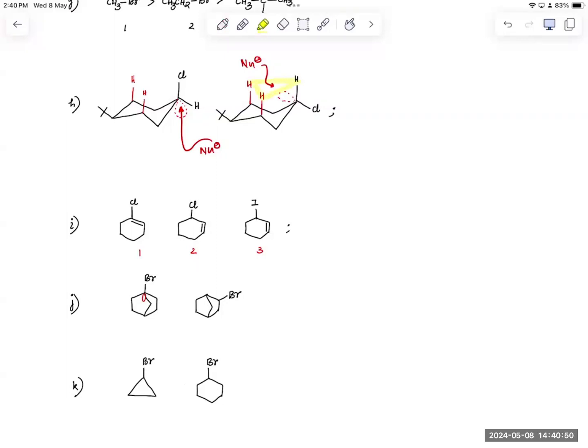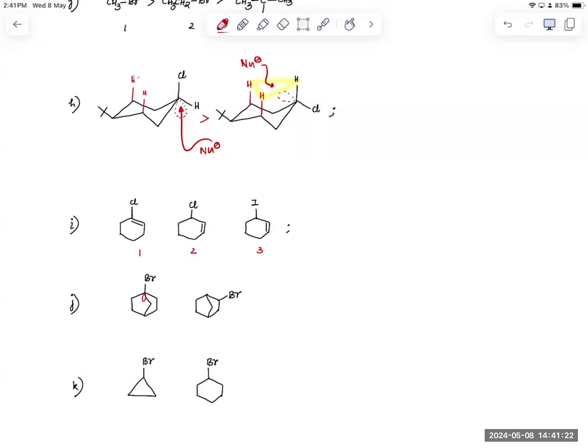Remember, what did we used to call this? Diaxial repulsions. Remember, 1,3 diaxial repulsions or 1,5 diaxial repulsions. Because there are hydrogens present here, because of the diaxial repulsions, the nucleophile approaching and attacking from this side will be difficult. But on the axial direction, it is easier to attack. Moreover, chlorides on equatorial are more stable compared to chlorides on axial.